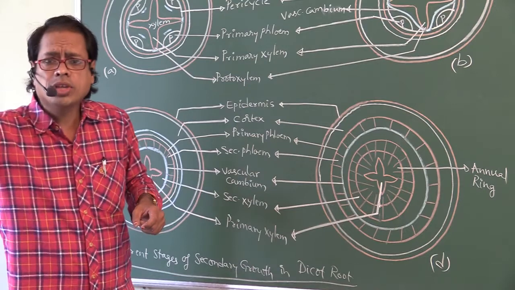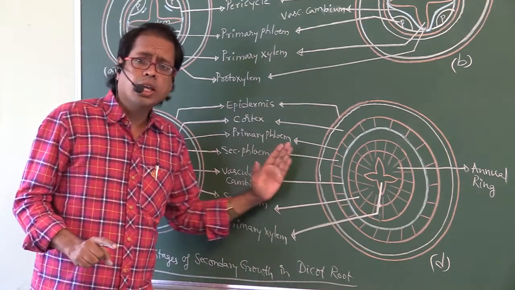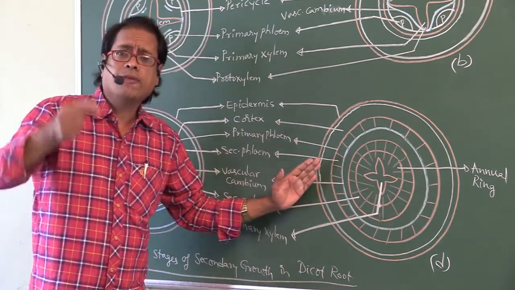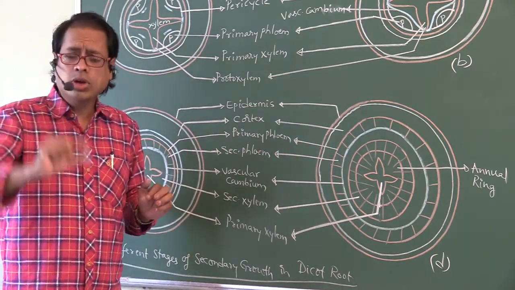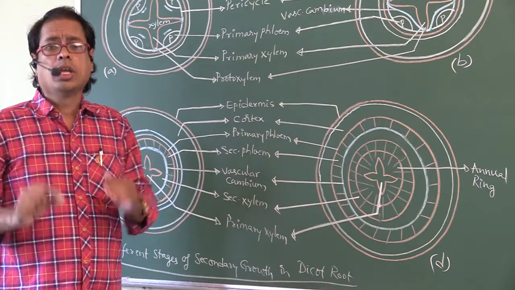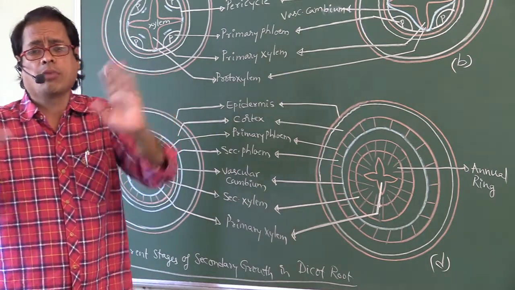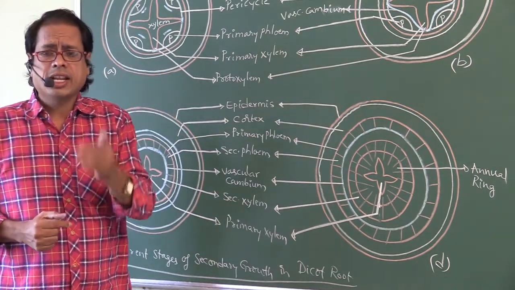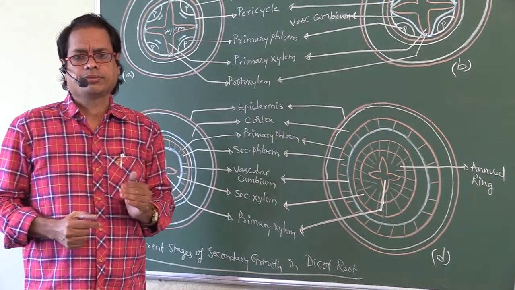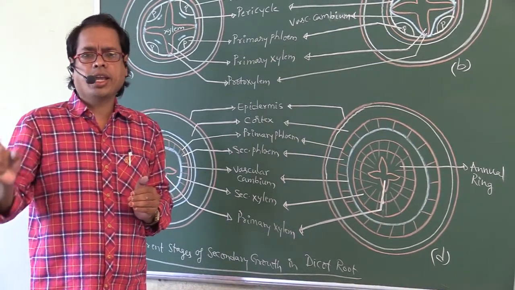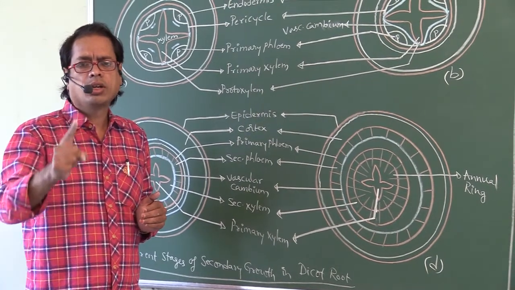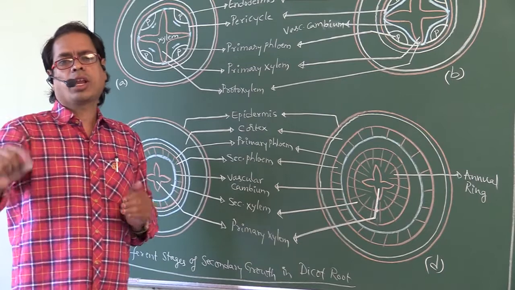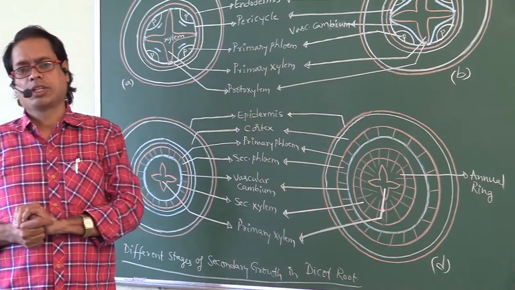In both dicot stem and dicot root, vascular cambium produces secondary phloem towards outer side, secondary xylem towards inner side, and annual rings are formed. This secondary xylem is also called wood. One annual ring contains one spring wood and one autumn wood. Similar in the case of dicot stem.